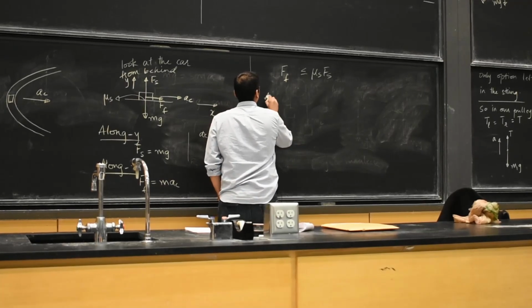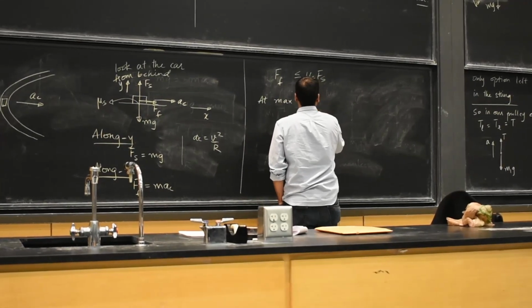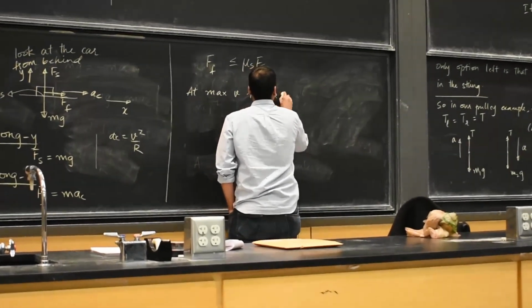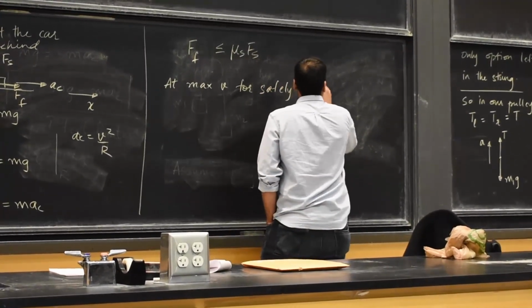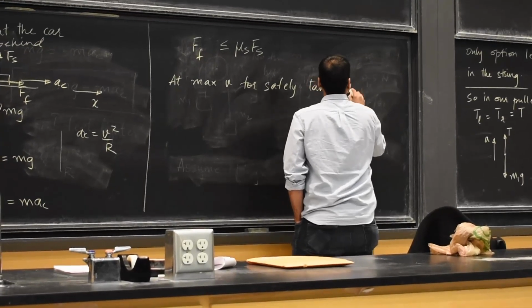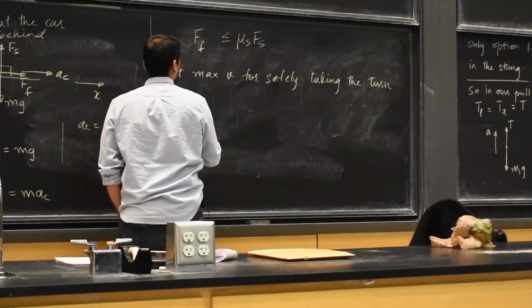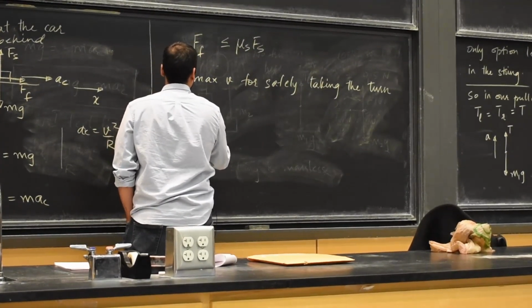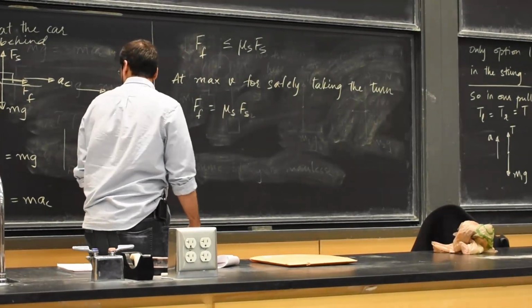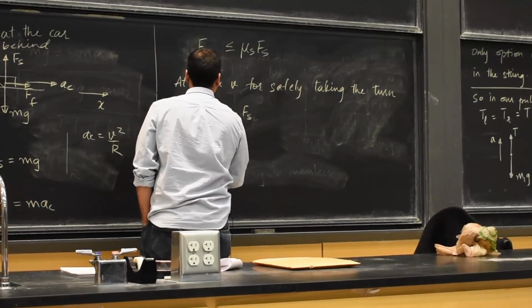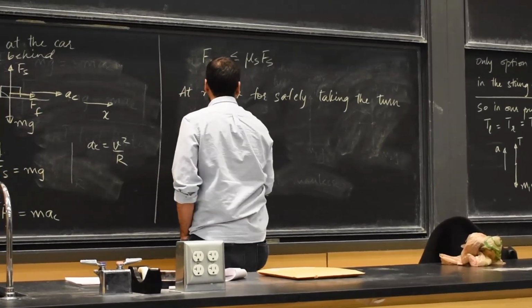So if I want to calculate the maximum speed that I can take this turn with, I can say Fs is mg from my y equation.